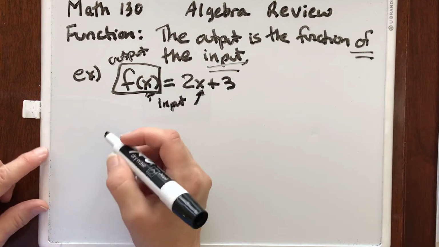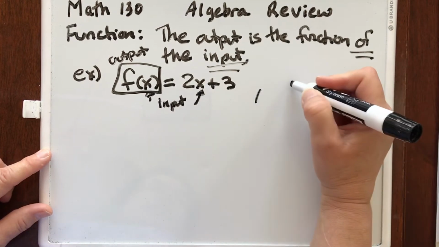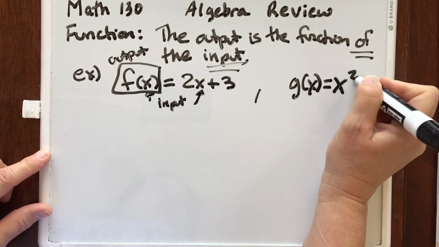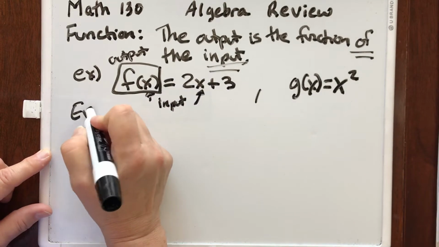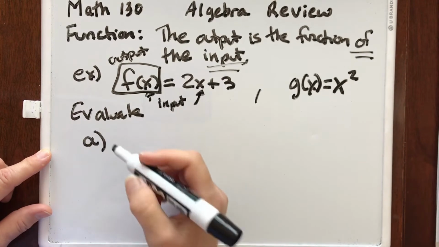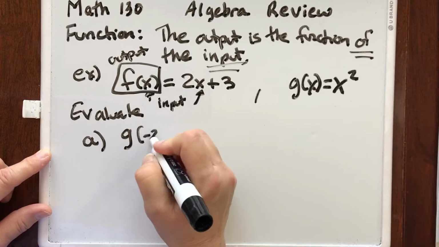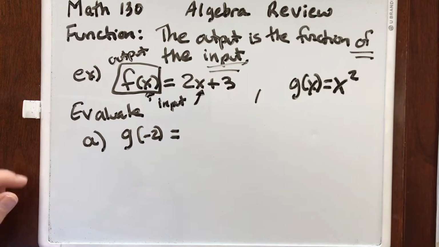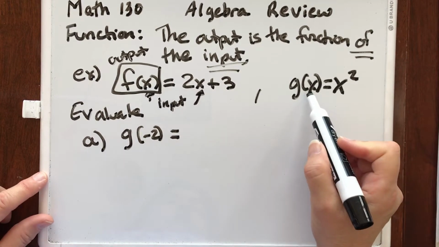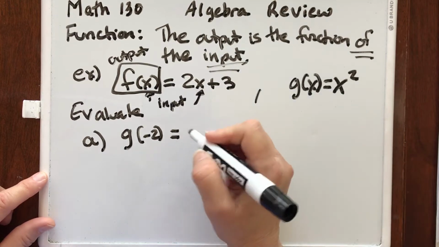So here's an example. We're going to say, let g of x equal x squared. We're going to evaluate. For letter A, if we have g of negative 2, and we're supposed to evaluate that, what we do is we put the negative 2 into our x value and evaluate.